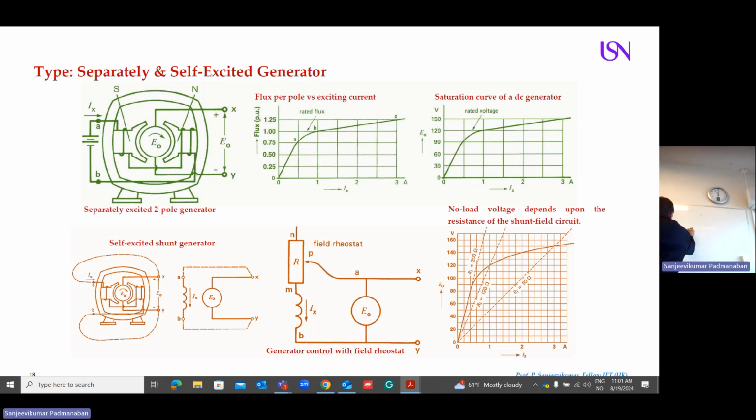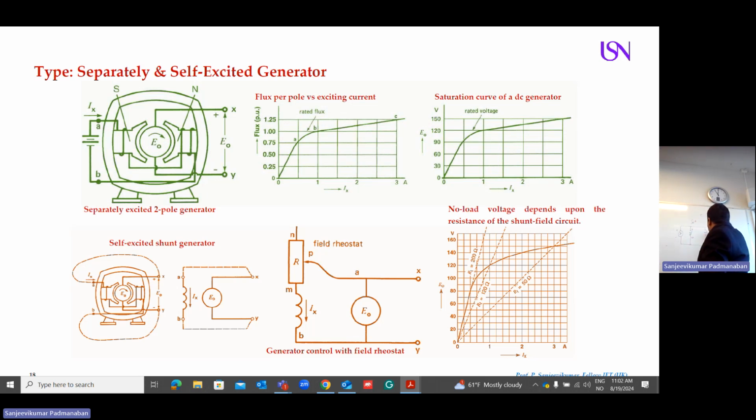I have two windings. This is my electromagnet. And this is my armature. I use the same DC supply, plus and minus. This is called self-excited. This is my field winding. I'm going to label it FF. This is my armature winding. I'm going to label it AA.